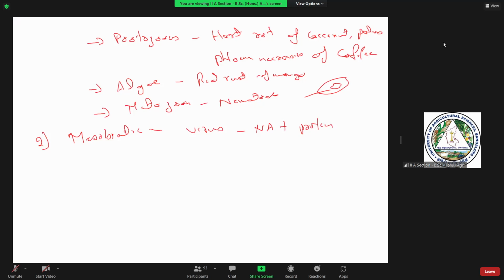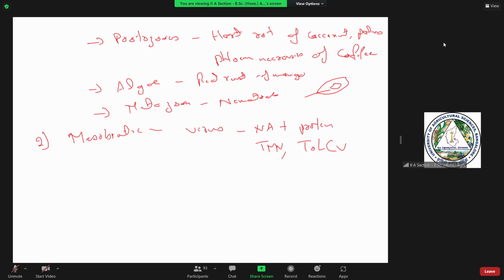The best examples in this mesobiotic group are the TMV, which is a common example, and the tomato leaf curl virus.